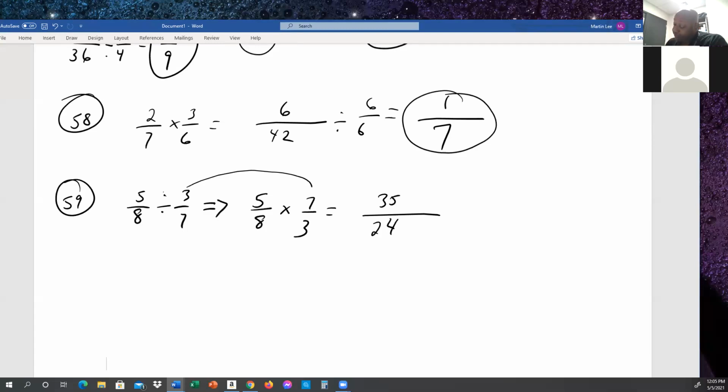And that fraction can't be simplified because their greatest common factor is 1. So we have 35 over 24.